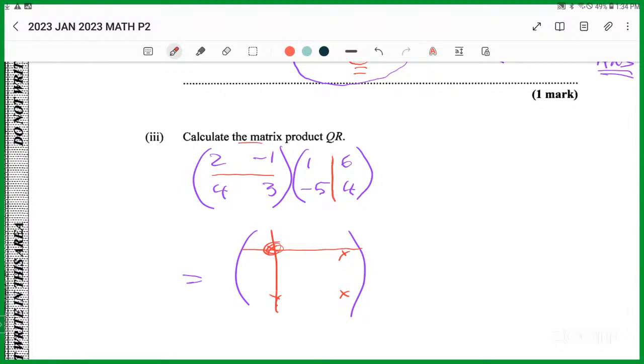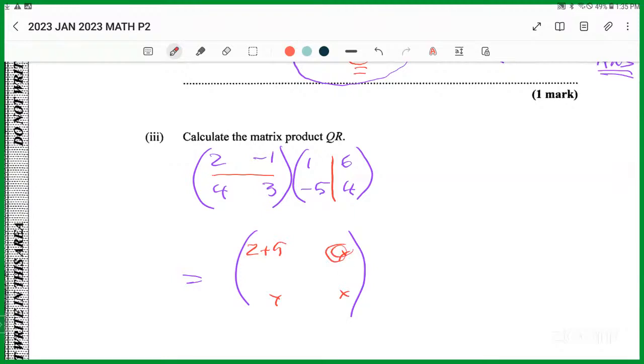So to get it, multiply this first row by this first column: first element times first element, plus second element times second element. 2 times 1 minus 1 times minus 5. 2 times 1 is 2. Minus 1 times minus 5 is positive 5.